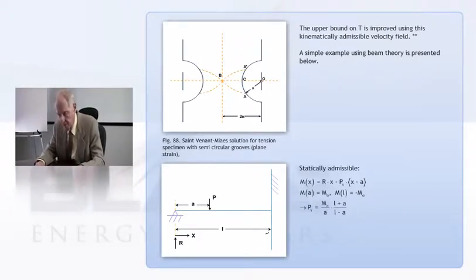Another kind of problem that you see in limit analysis, and it's received a great deal of attention more by civil engineers than mechanical engineers, because mechanical engineers are, on average, more likely to be dealing with machine parts or something like that, and civil engineers are trying to build a building, and so they've got frames and beams and that sort of thing. But here's a picture of a beam.